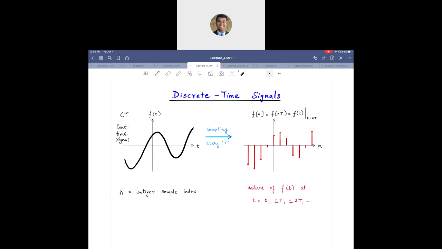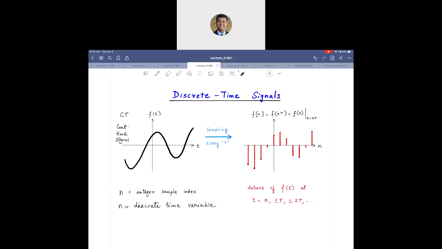Now, if I were to sample this f of t every cap T seconds, I would get f of small n, where n now is the discrete time variable, which is specifically the integer sample index.